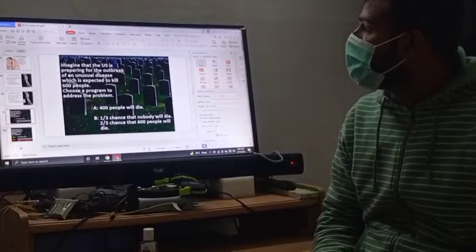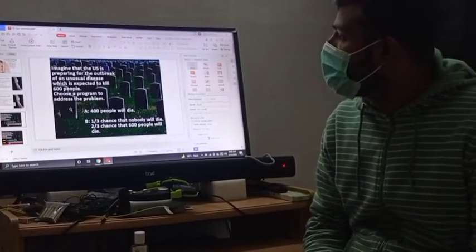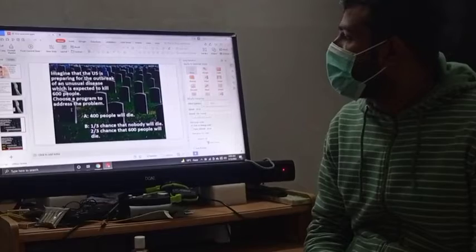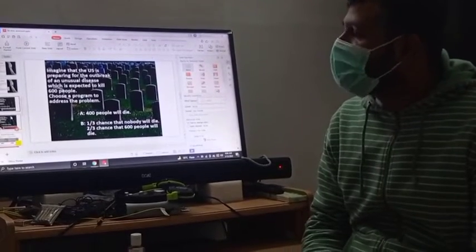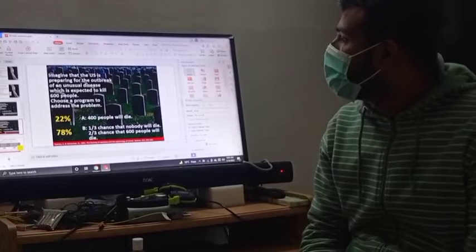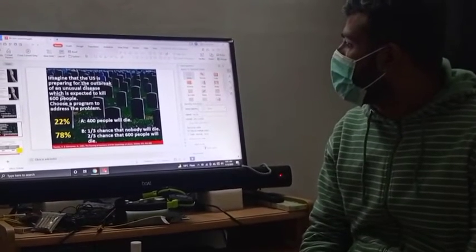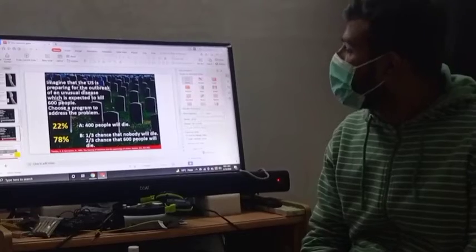Let's go to the 13th slide. Imagine that the US is preparing, like I said, this is a very graphic representation of the problem I was posing. 22% chance 400 people will die, 78% chance, or 1/3 chance that nobody will die, 2/3 chance that 600 people will die.